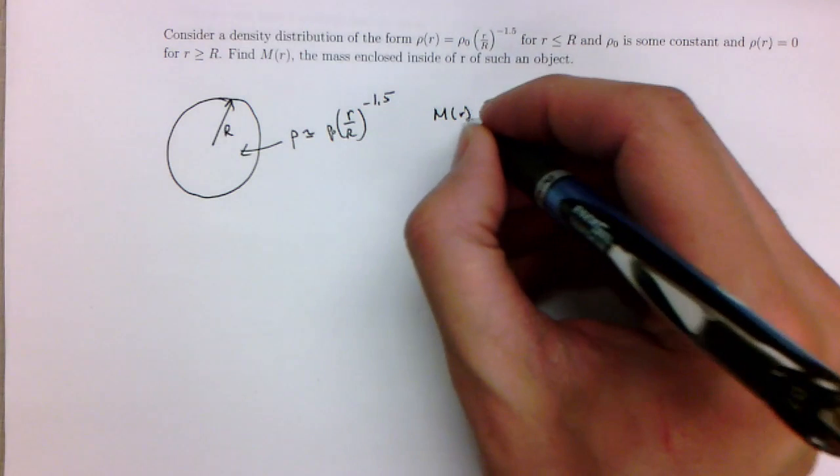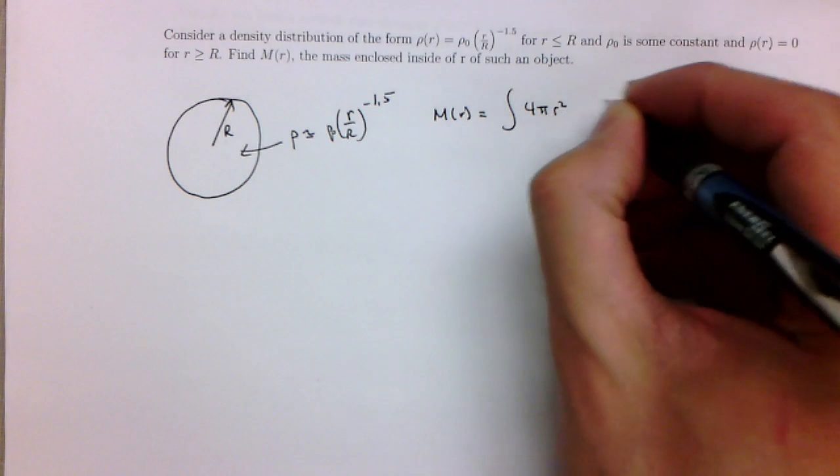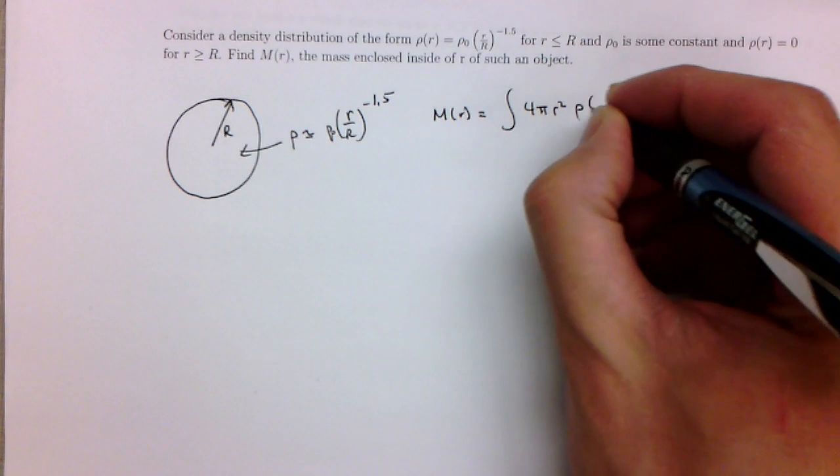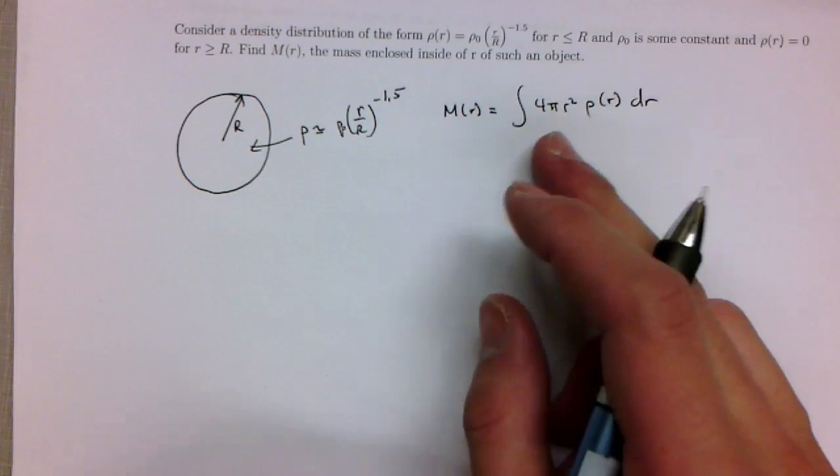So M(r) is equal to the integral of 4 pi r squared rho(r) dr, the classic important result that we need.